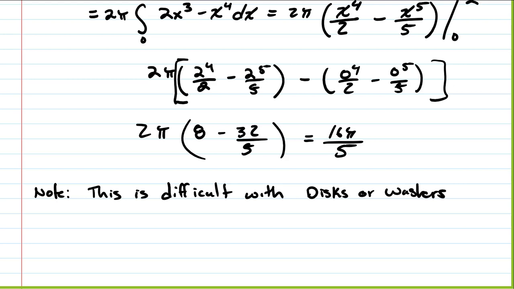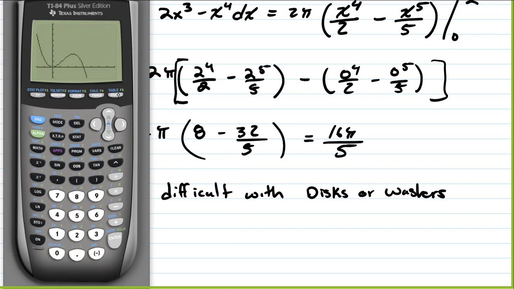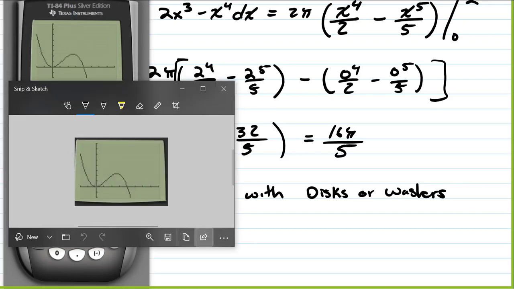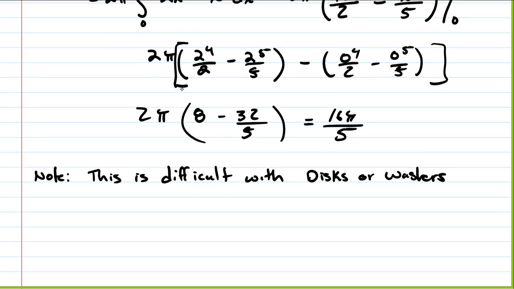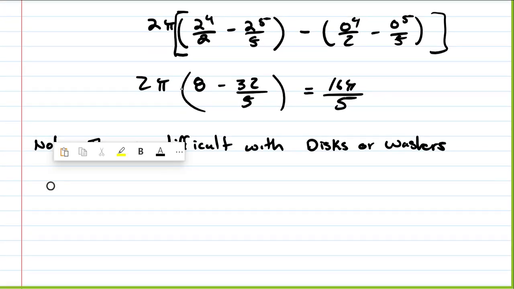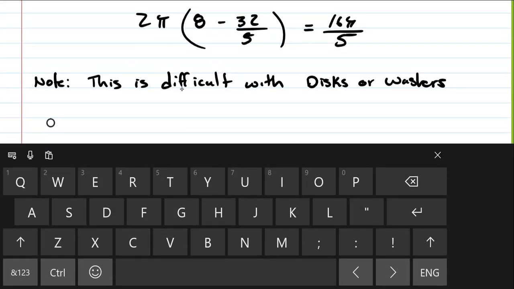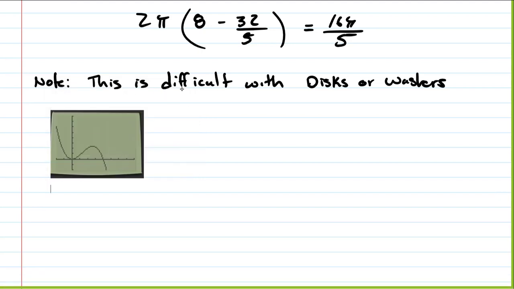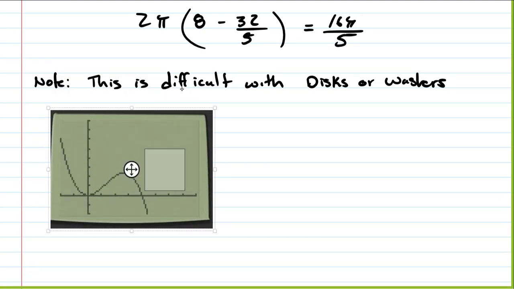If we take our same picture that we had in our graph, and if we're trying to rotate this about the y-axis this time, if we want to use discs or washers, that's our approximating rectangle.